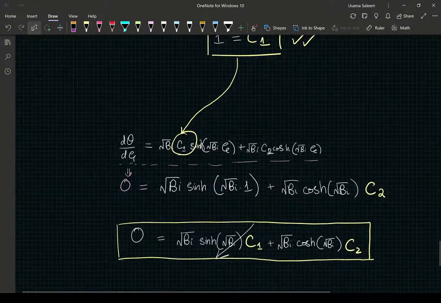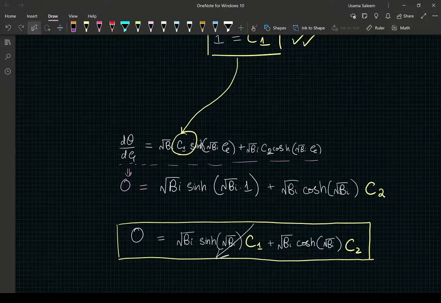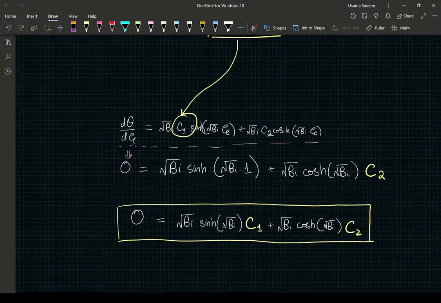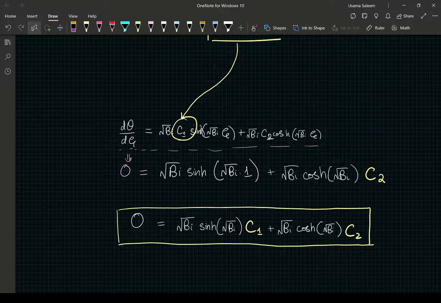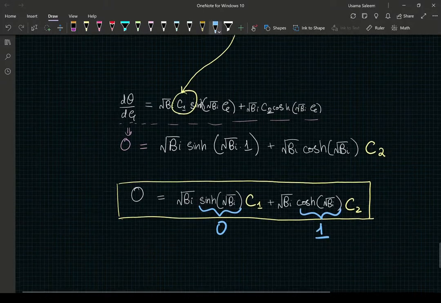Again, sorry about this. This was me working ahead. So let's see, this was my second equation. This turns out to be 0, and this turns out to be 1.